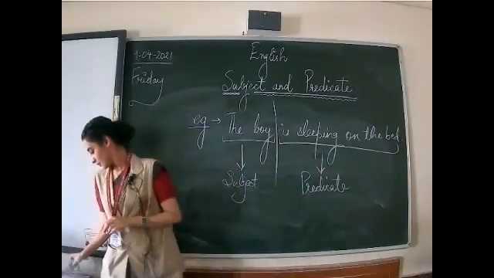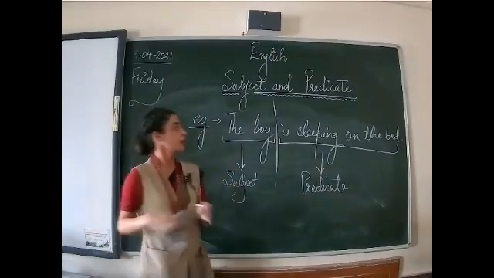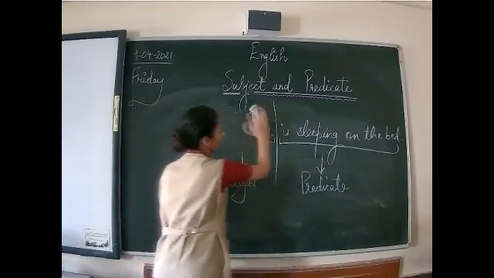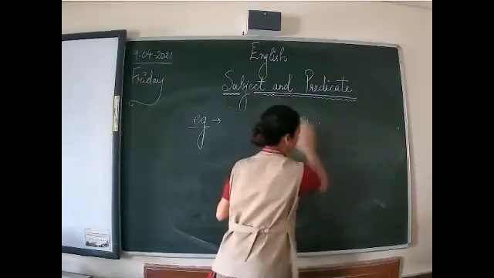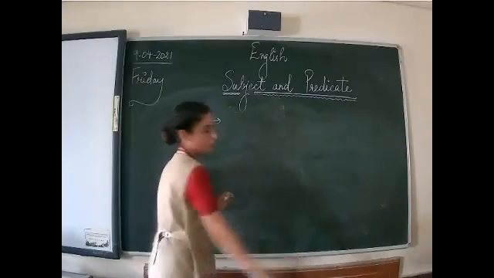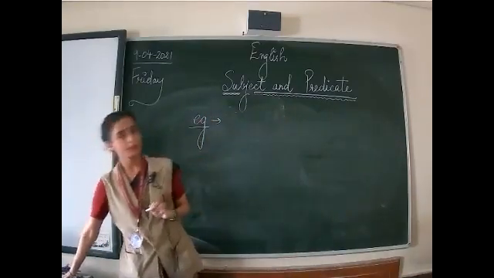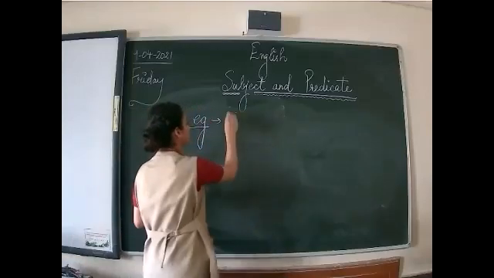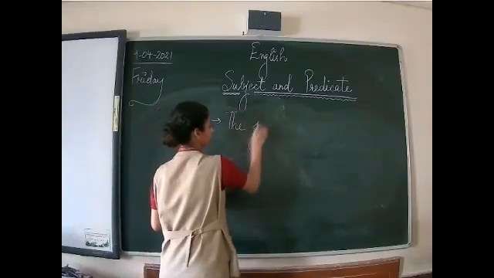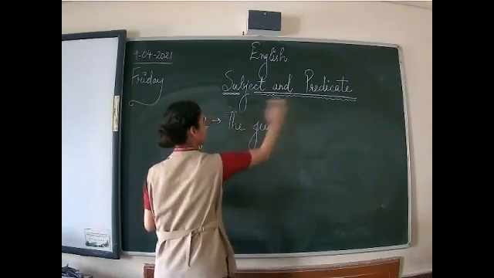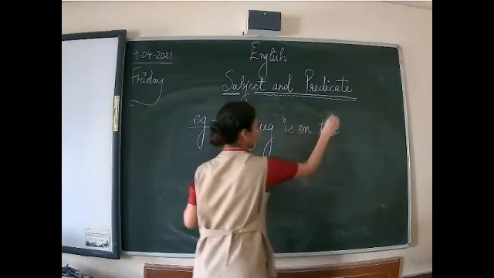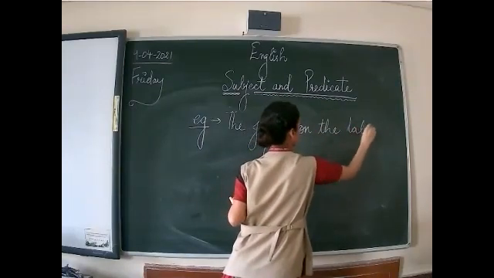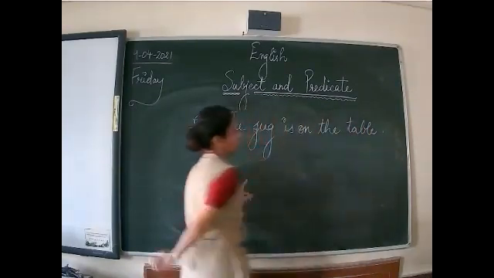Now, if we take another example, what was the example? The second example, the jug is on the table.